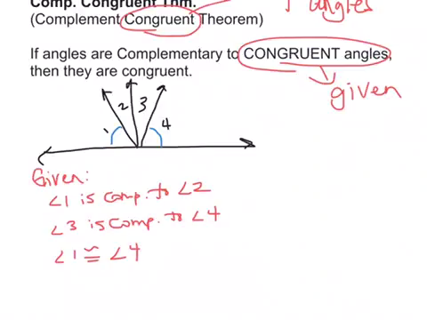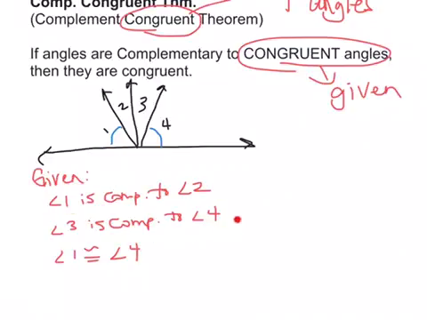All right, so what can you conclude? The theorem tells us that if angles are complementary to congruent angles, then those angles will be congruent. So let's look at this picture. Angle 1 and angle 2 are complementary.